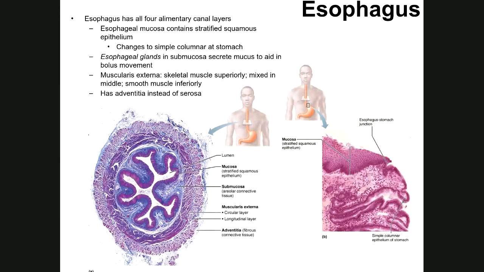You see the junction where it becomes simple columnar epithelium in the stomach.